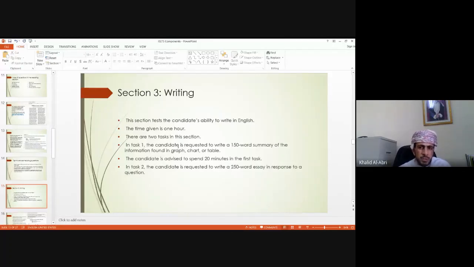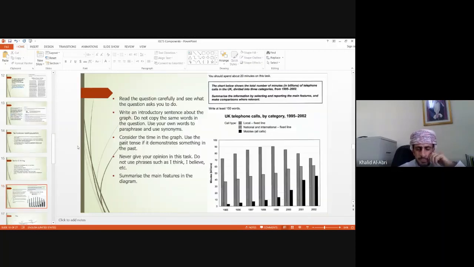So you can start with either one. They don't force the candidates to start with a specific one. However, the main thing is you have to complete writing 150 words for task 1 and 250 words for the second task.